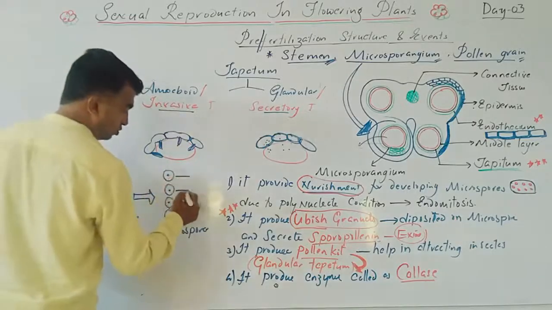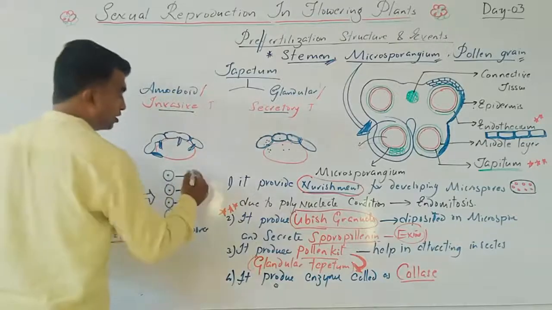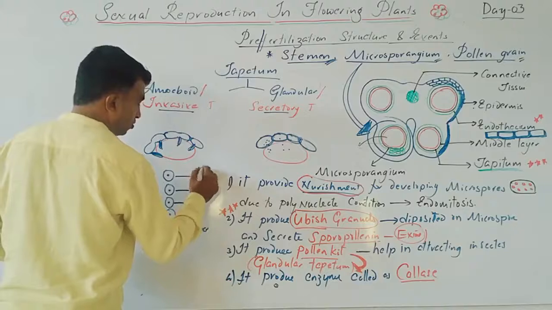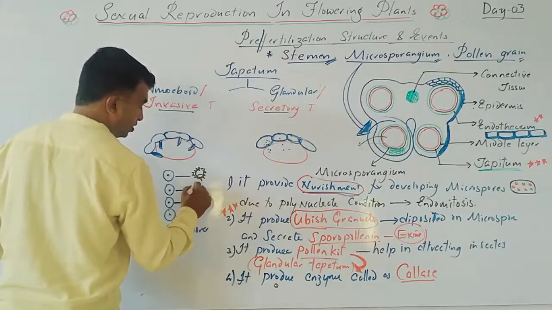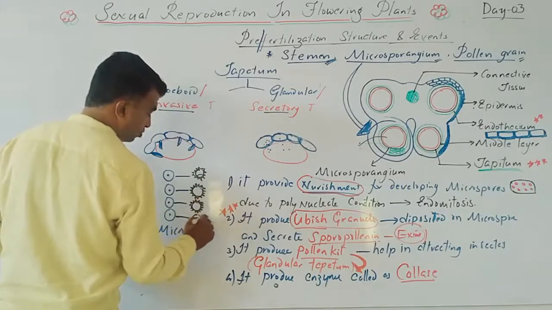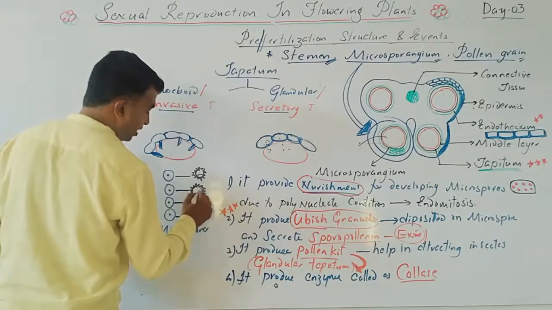Each microspore has the potential to develop into a pollen grain. If you take any higher organism, pollen grains are nothing but the male gametophyte, where the male gametes are there inside.